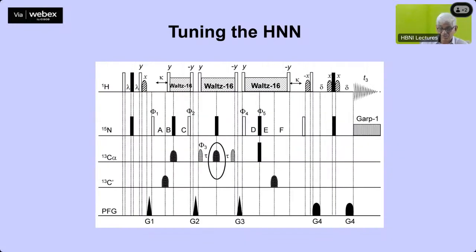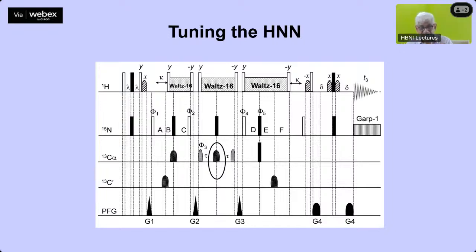Now there are other modifications in the pulse sequences which are possible. So far in the previous ones we said we can make use of the glycines, and these provide you the checkpoints. The checkpoints in the glycines are very useful to walk through. Now it is also possible to generate other checkpoints, and that is called the tuning of the HNN experiment.